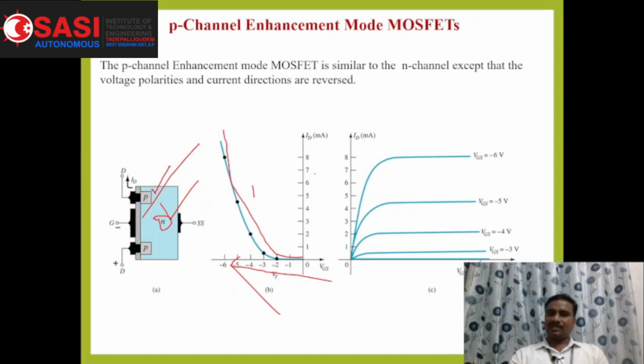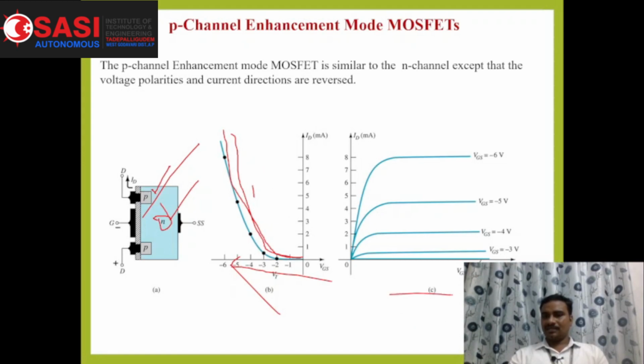So this is similar to the N channel enhancement MOSFET mode of operation, and the region is where the current gradually increases in the device as VGS increases, and ID also increases in the negative direction, the second region.